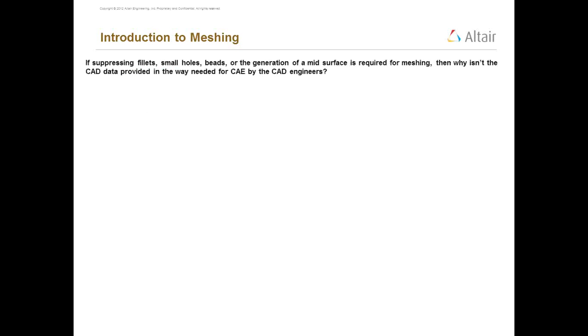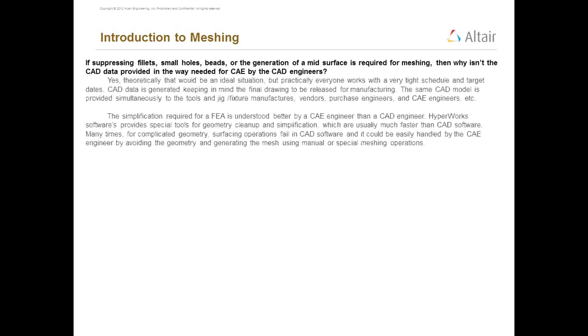If suppressing fillets, small holes, bits, or the generation of a mid surface is required for meshing, then why isn't the CAD data provided in the way needed for CAE by the CAD engineers themselves? The answer is yes, theoretically that would be an ideal situation.